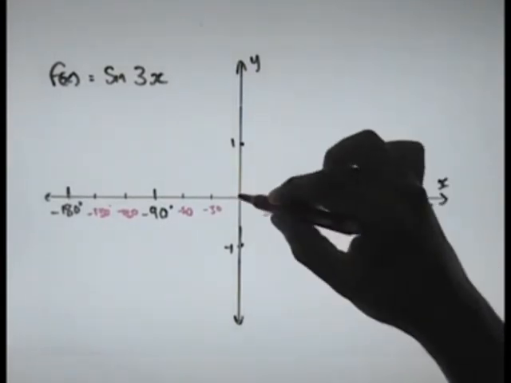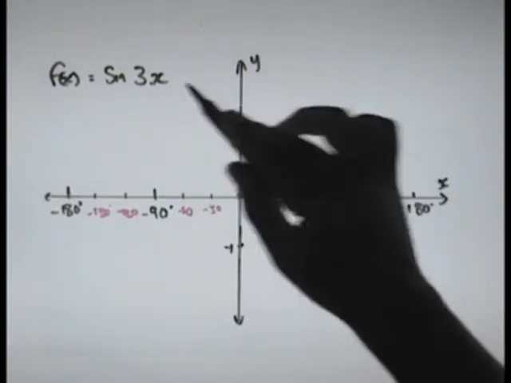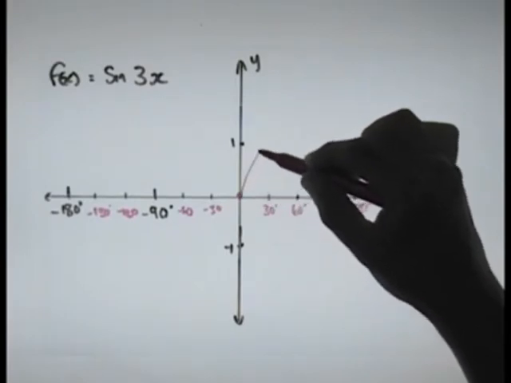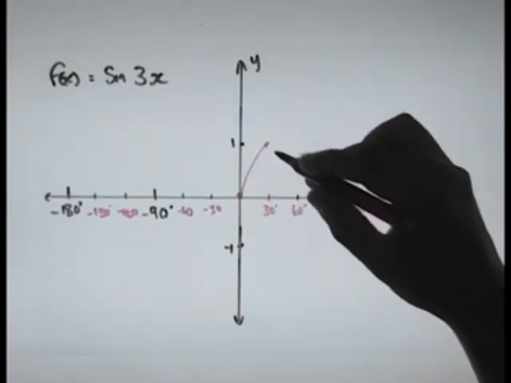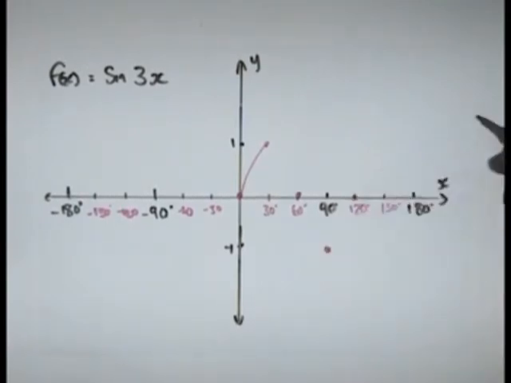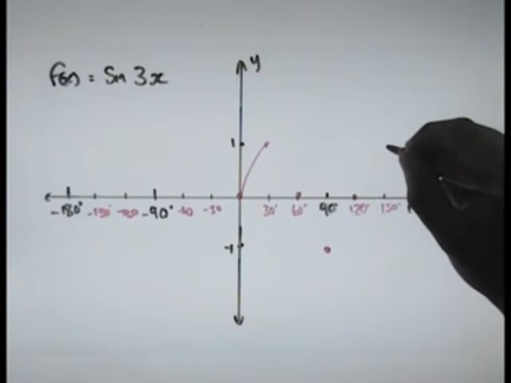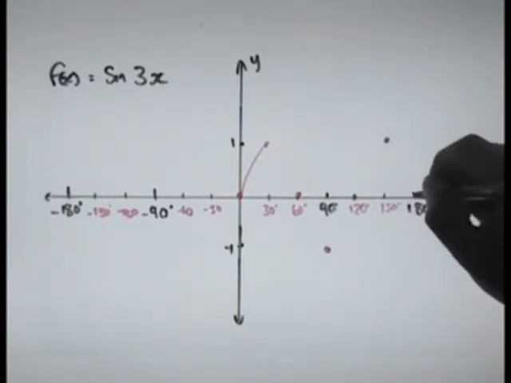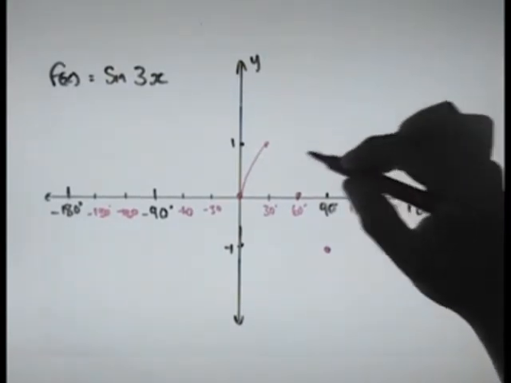Now the way this sine graph is going to go is, because it's 3x, there are 3 times as many waves. So it's going to peak at 30, drop at 60, negative 1 at 90, at 120 it's going to be 0, at 150 it's going to peak, and at 180 it's going to be 0.